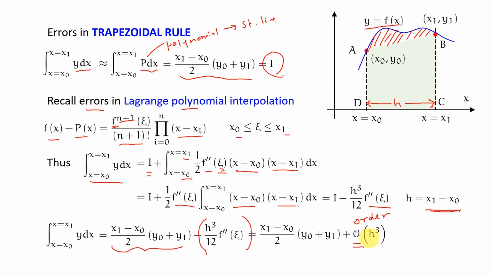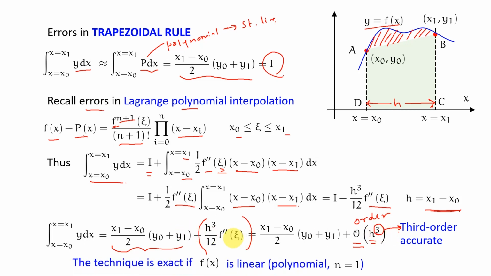And when we have relations like this, we call this a third order accurate scheme. So the trapezoidal method is third order accurate since the error is of the order of h to the power 3. Of course, you understand that if f is, for instance, linear, then f double prime will be 0 everywhere, and in that case the error does not depend on h at all.